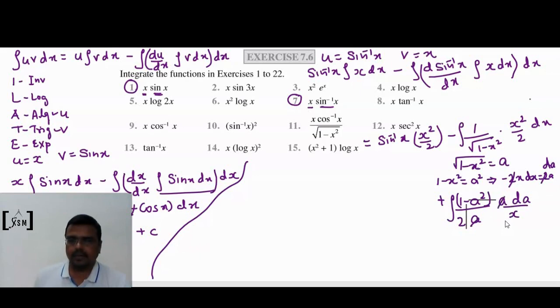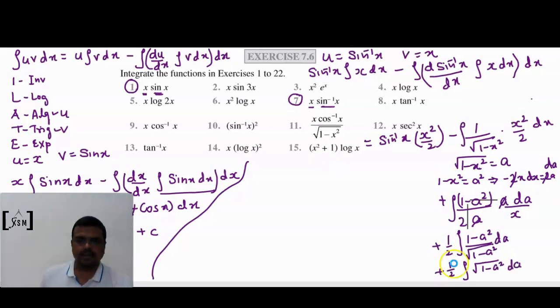We cancelled a, so it is 1 over 2 times the integration of 1 minus a square, which simplifies to the integration of square root of 1 minus a square da. I'm just referring it to you. Integration of that we'll study in the next exercise.